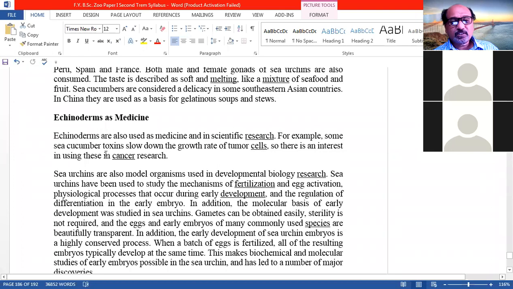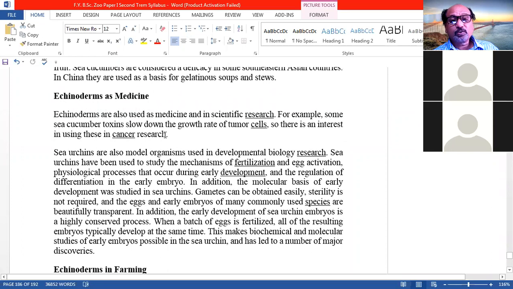For example, some sea cucumber toxins slow down the growth rate of tumor cells. I explained yesterday, these are used in cancer study. They prevent the growth of tumor cells, so it is a very important point from a medical view. So there is an interest in using them in cancer research.